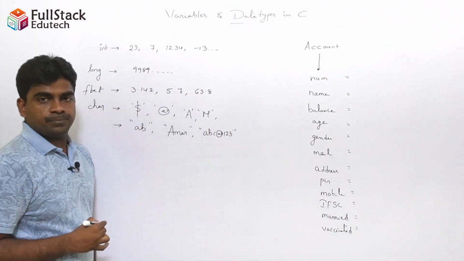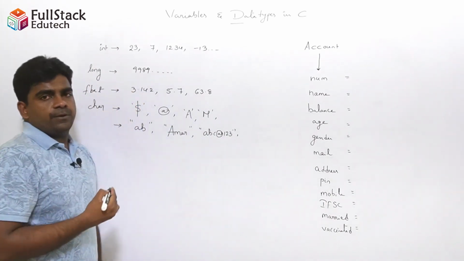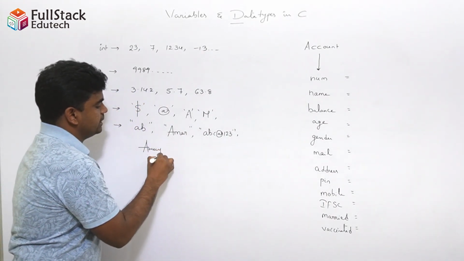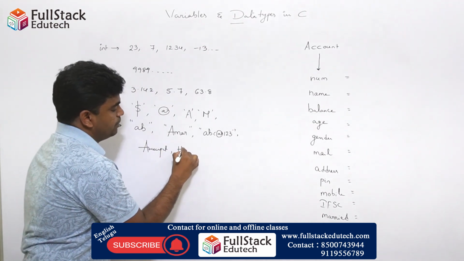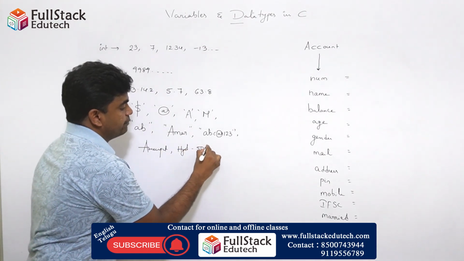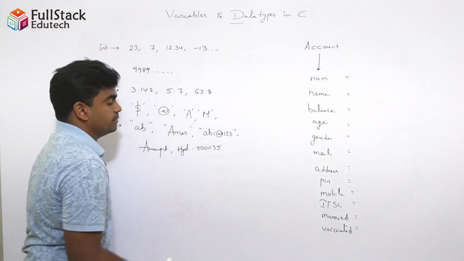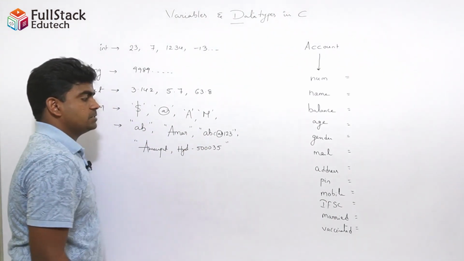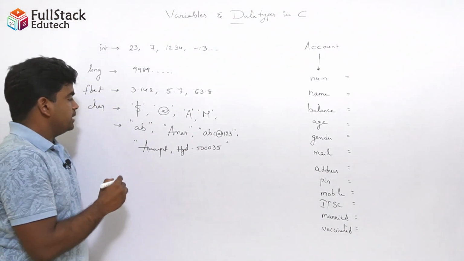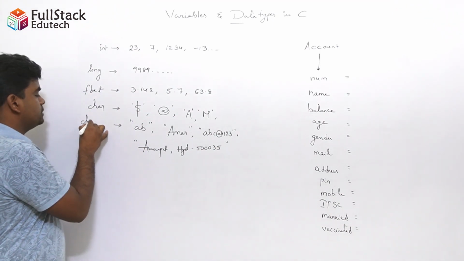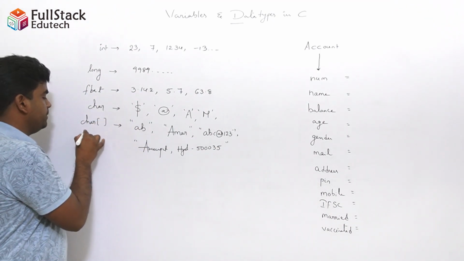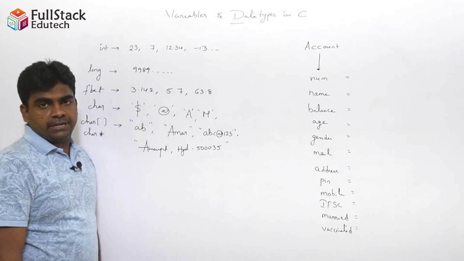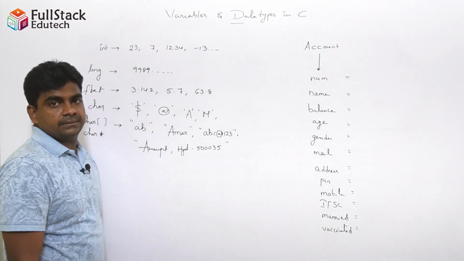Next, an address I want to store, for example Ameerpet, Hyderabad, and so on. Everything you need to put in double quotes. Here you can represent it by using either a character array or a character pointer. Anything we can use to represent the string.